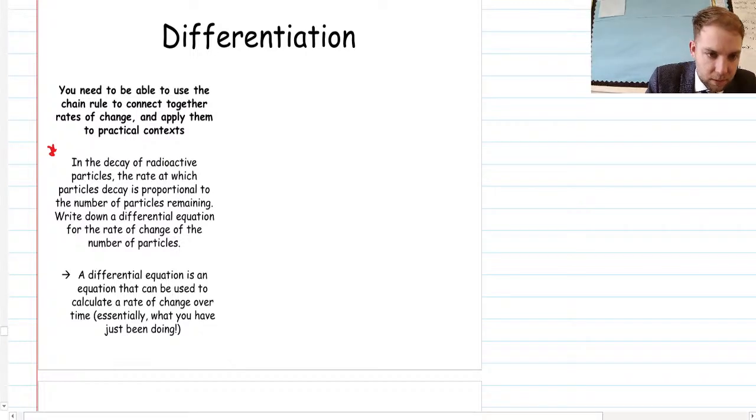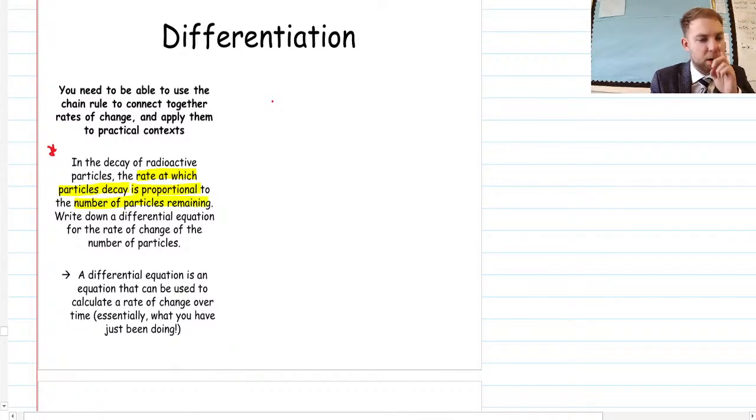So, they've missed some parts out from what I've just seen, but we're going to make sure we understand it all. So, I'm going to start highlighting some of this. In the decay of a radioactive particle, the rate at which the particles decay is proportional to the number of particles remaining.